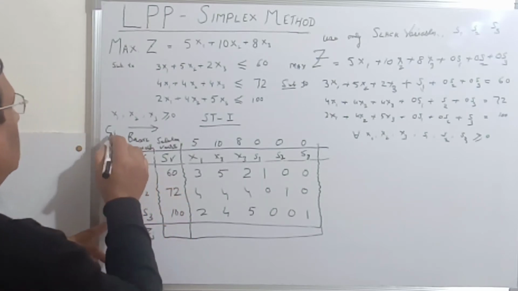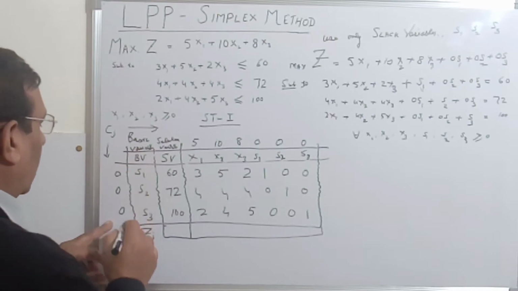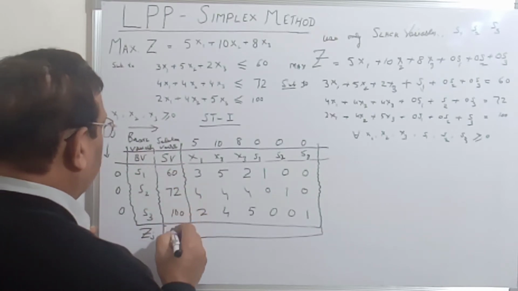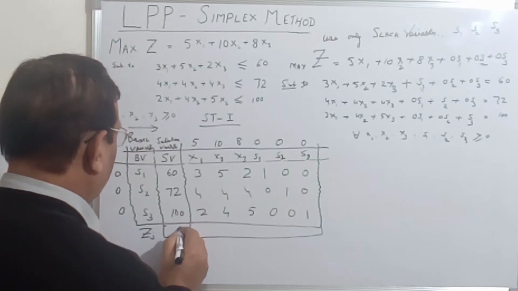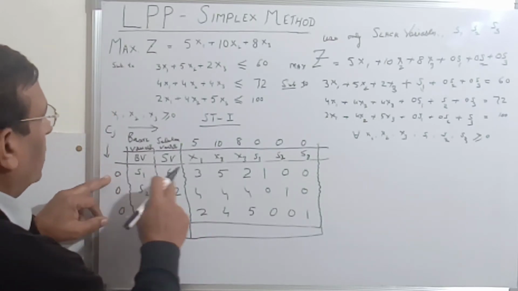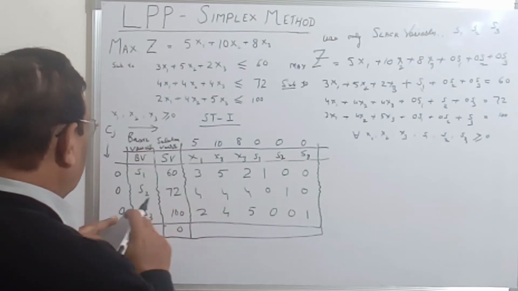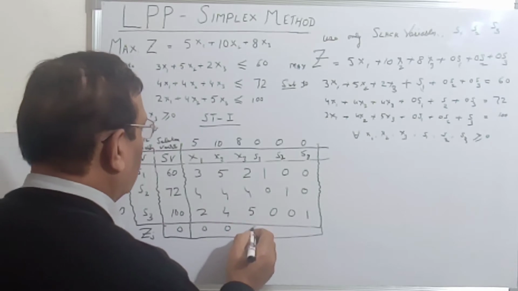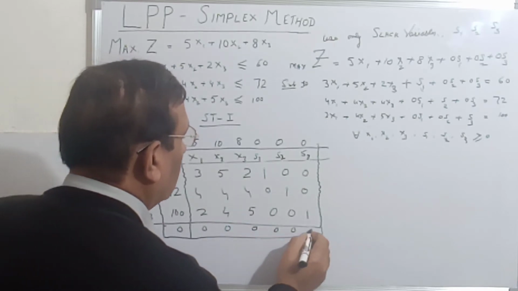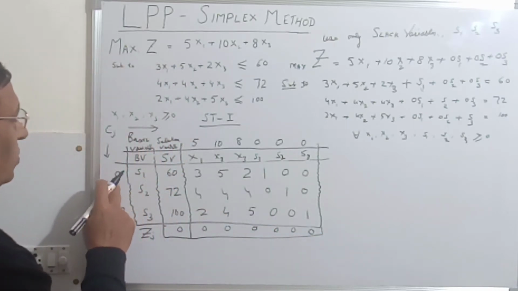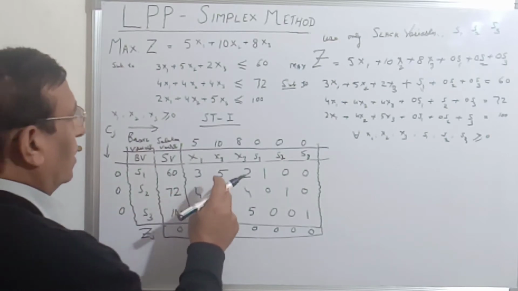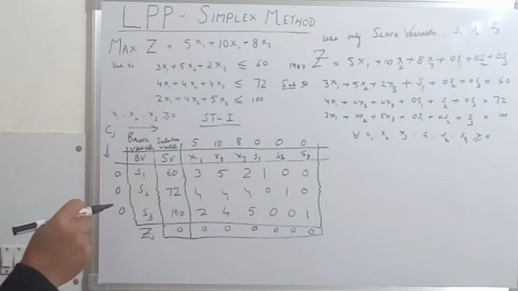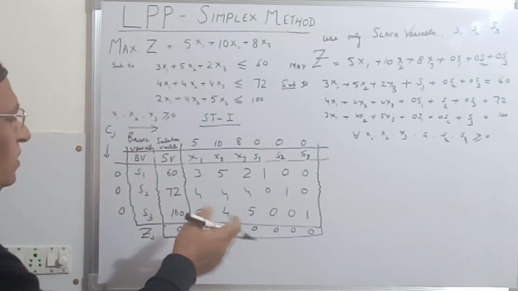This into this means the coefficient in Cj and the coefficient of the solution variable, 0. Now 0 into 3 plus 0 into 4 plus 0 into 5, 0, 0, 0. Because you have to multiply with 0 and add. Say this column, 0 into 5 plus 0 into 4. When you are multiplying with 0, everything will be 0.